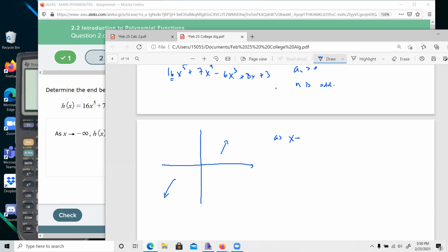So as x tends towards negative infinity, f of x also. I don't want to put an equals. Don't put an equal sign there, because we don't equal infinity. We tend toward infinity.